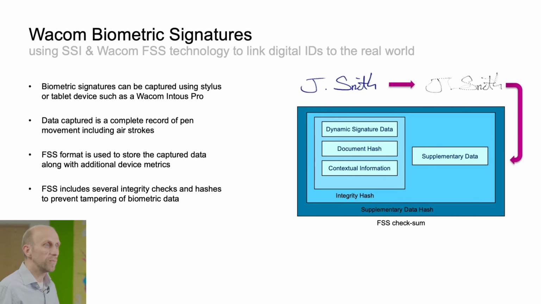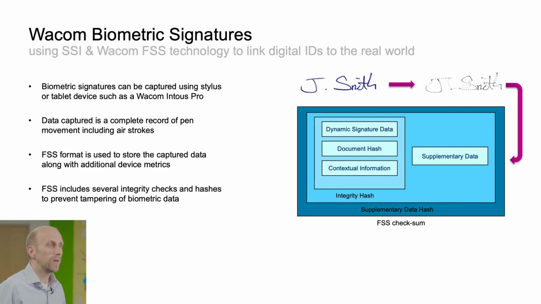If the verification is confirmed, then this validates that the user in the real world is indeed the owner of the digital identity listed within the document record, and the content creator or owner for the particular entry within the relational web. This gives us verifiable links at all stages between the physical world of the creator using the Wacom biometric signature technology, then using SSI with their digital ID to link the content creator into the relational web of the DRM system.